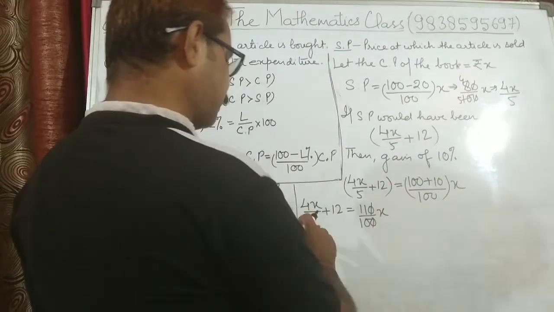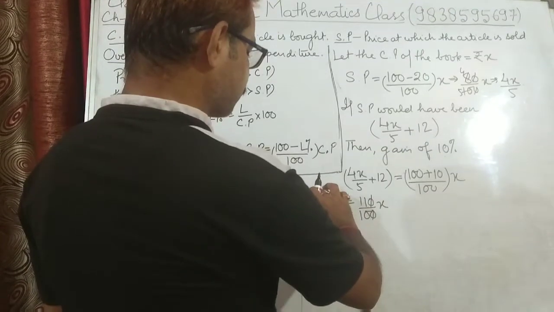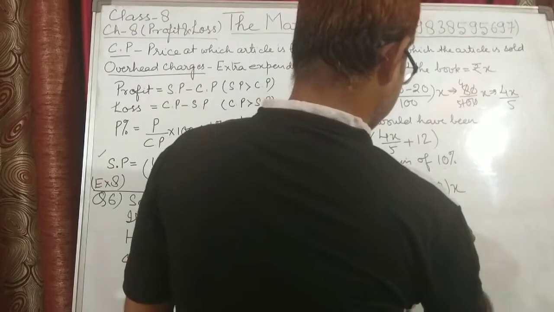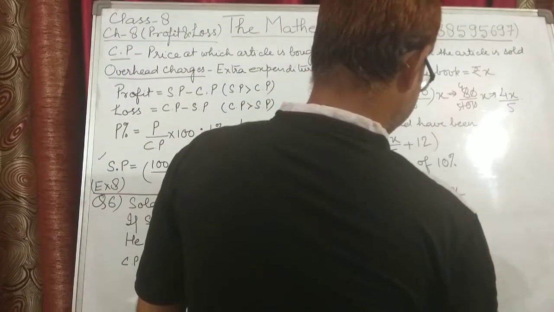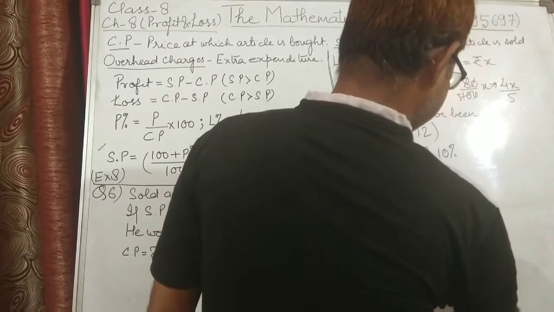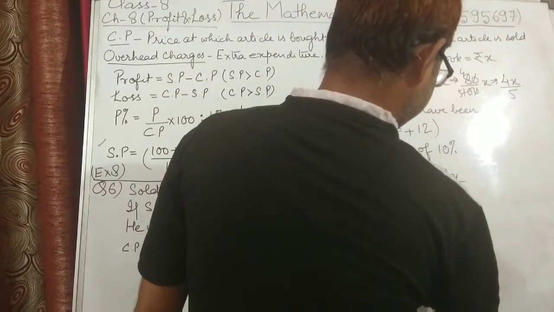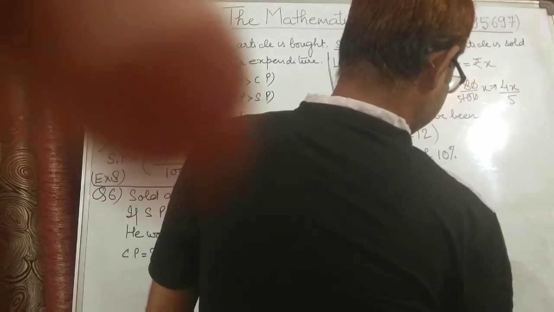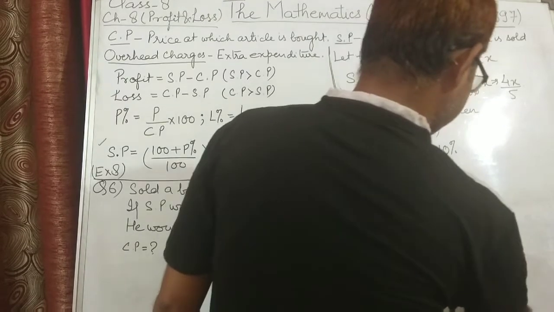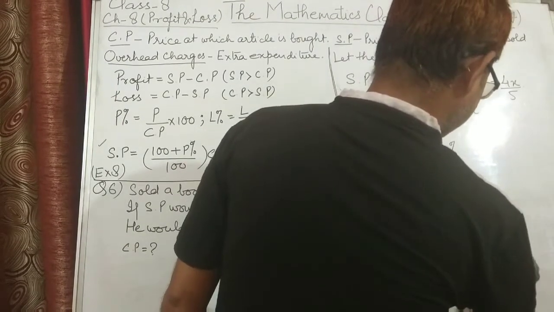So it is 11X upon 10. I'll bring 4X upon 5 to that side. So we can say 12 is equal to 11X upon 10 minus 4X upon 5. LCM will be 10. So here it is 11X minus 8X is equal to 12 upon 10. So 11 minus 8 is 3X upon 10.